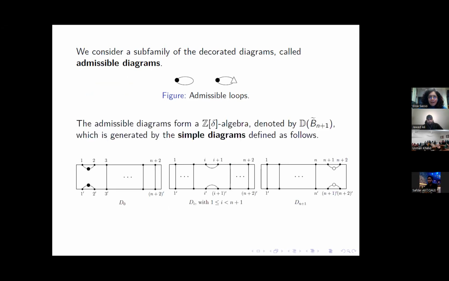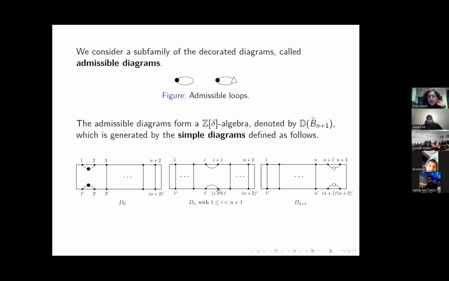So finally, the admissible diagrams form an algebra, and it is our diagram algebra, this time of type B tilde. We also showed that this algebra is generated by the simple diagrams, as for the type A algebra.